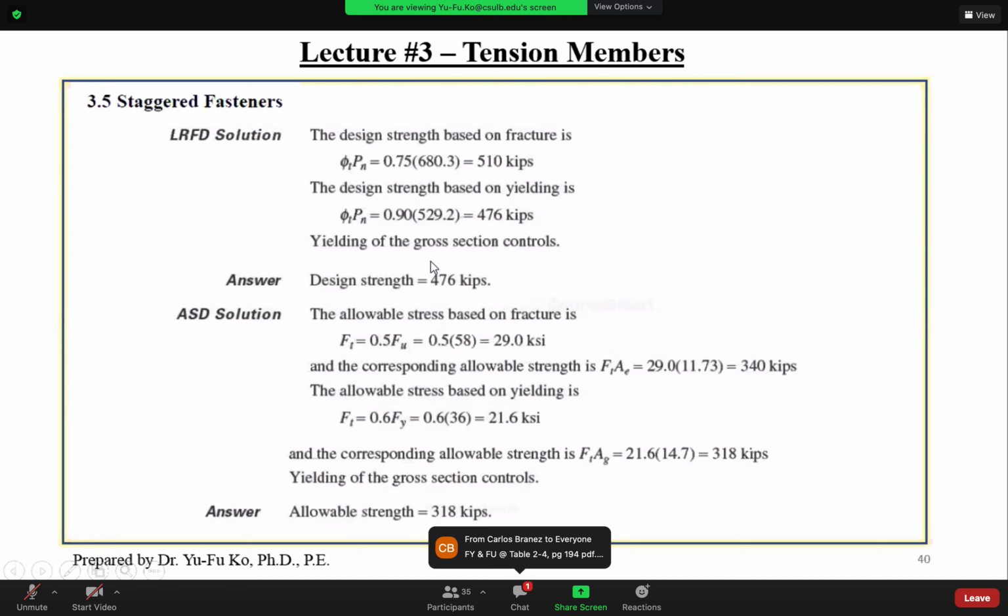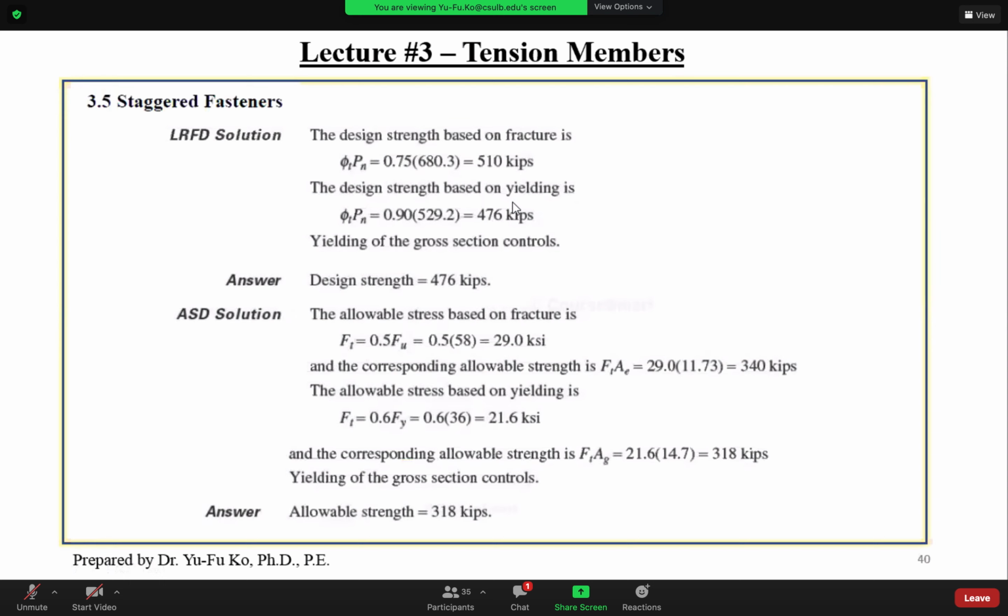So the design strength based on fracture will be phi times Pn. 0.75 times 680 is about 510 kips. Design strength based on yielding is 0.9 times Pn, which is 476.